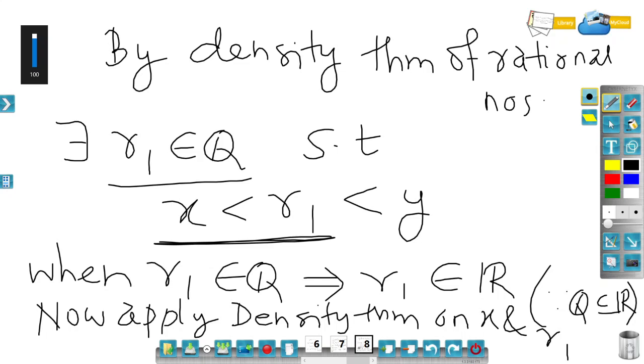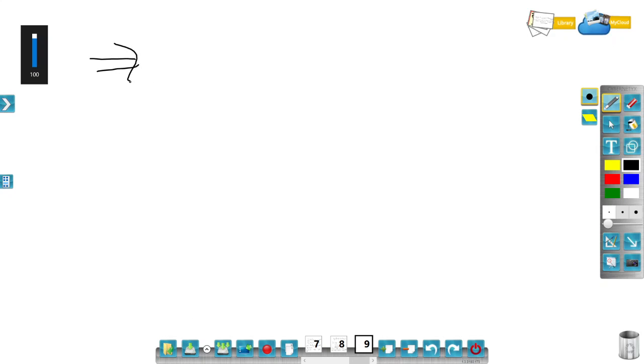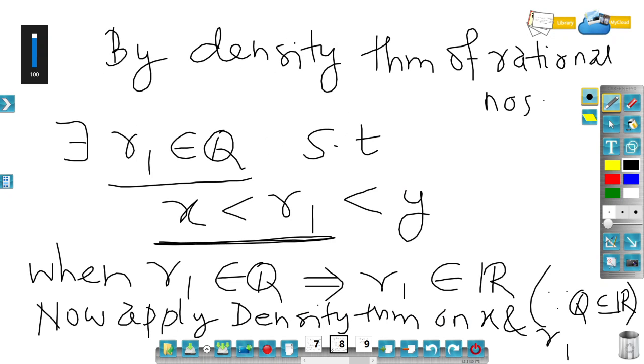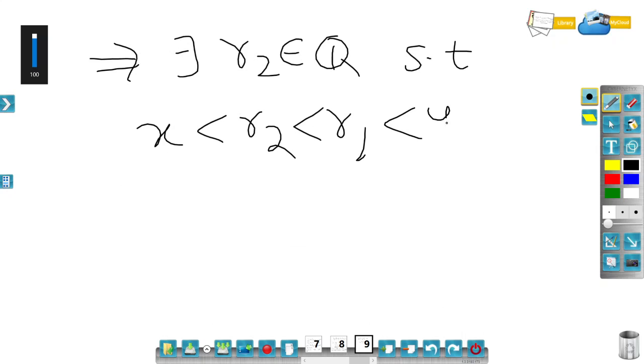So this would imply x less than R2 less than R1. But we already know from this inequality that R1 is smaller than y.